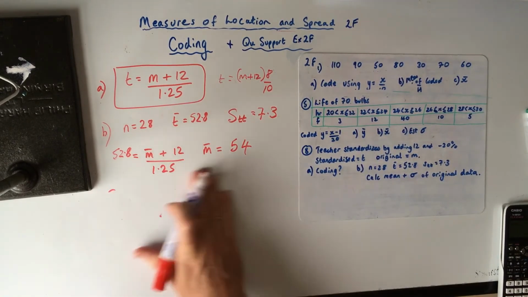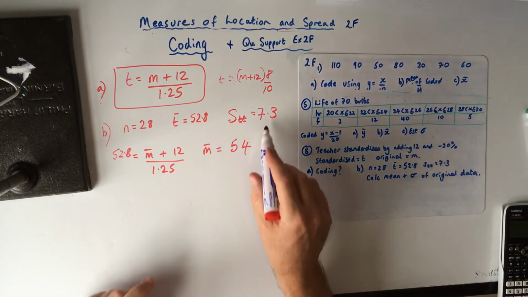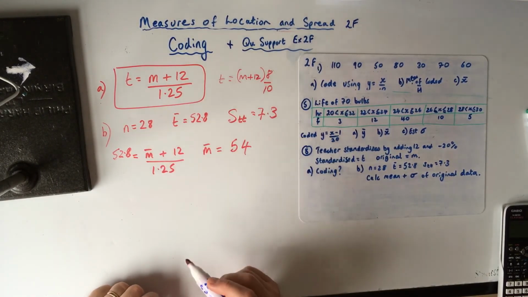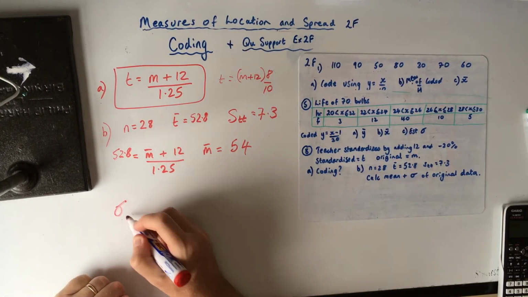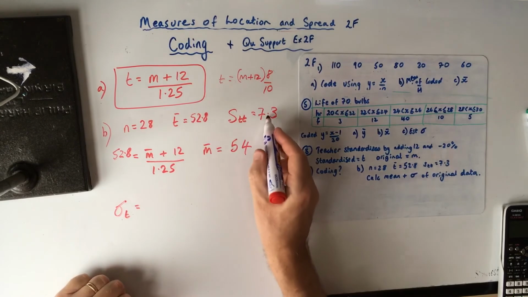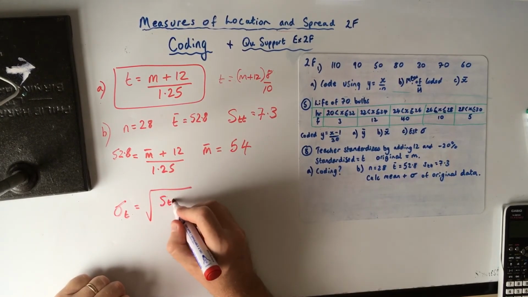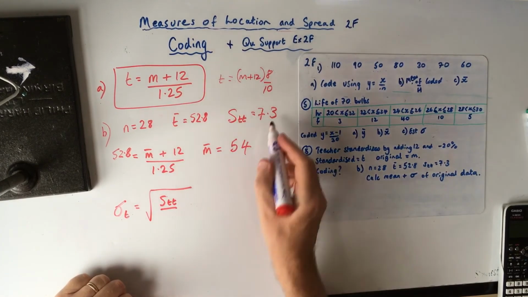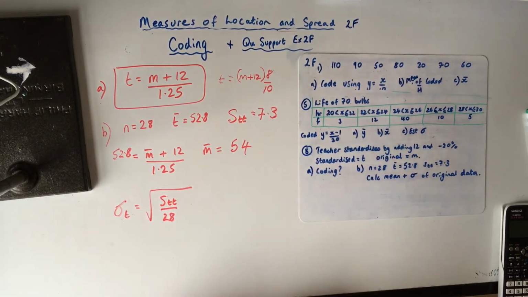So all we need to do with that is divide by n and square root. So the standard deviation of t is equal to the square root of that summary data over 28. So learn what that means.